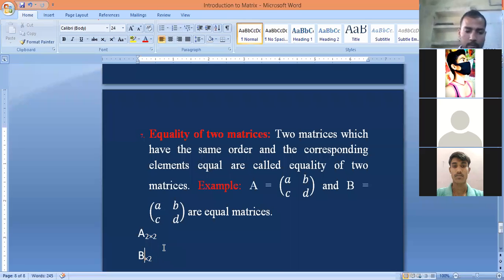That's why, for the equality of matrices, or for matrices to be equal, we need the same order. That is what both have: matrix A and matrix B have the same order, 2 into 2.